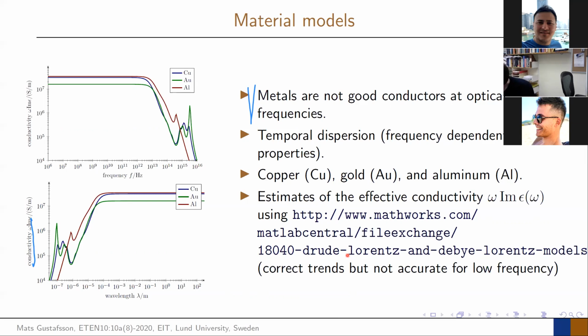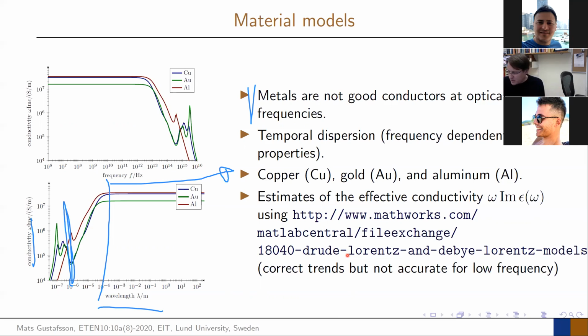When you look at the wavelengths on these scales, when we sit in our world, we are typically over here. You can see that the conductivity is constant. It does not depend on the wavelength. When you go to optical frequencies, you are sitting down here. That is the range where you basically are at optical frequencies.